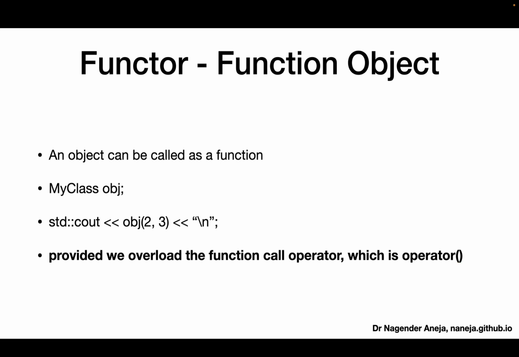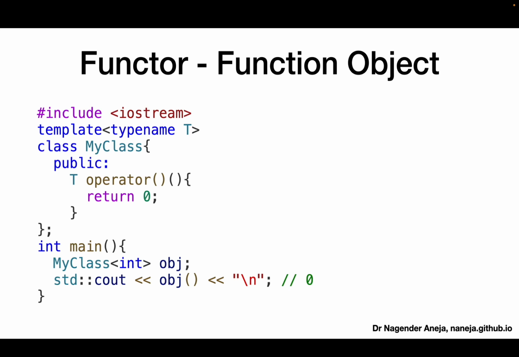Like we have operator plus, and we overload operator plus and then pass the parameters. Now we have operator parentheses, and then we pass the arguments also. So we may see double parentheses here: one says which operator is being overloaded, and one accepts the values. Here we have my class and we use the operator, and this is blank, so no parameter is passed.